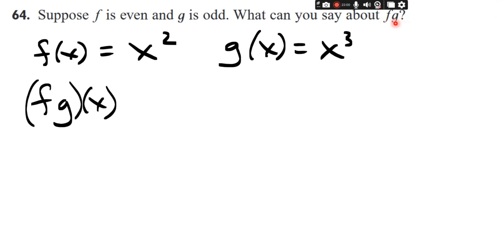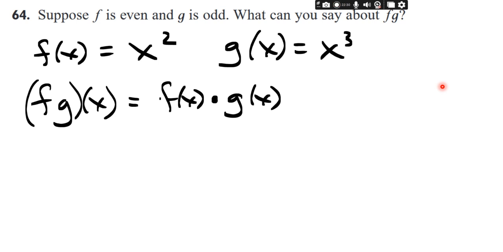Letters by themselves mean multiplication. Sometimes it's f of g with an x because it goes with the variable here. And the way we actually write it out would be f of x with a little dot between that and g of x.